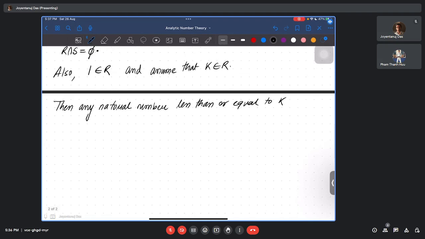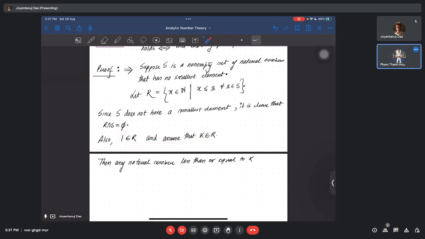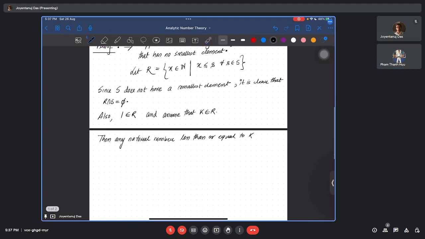We are assuming k belongs to R, which means by definition k is less than or equal to s for every element of S. So every natural number between 1 and k must also be less than or equal to k, right?